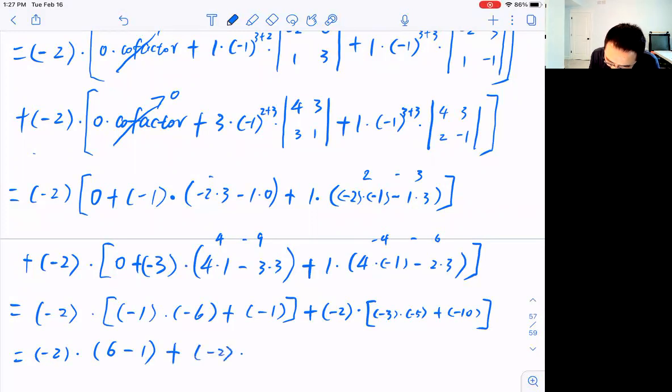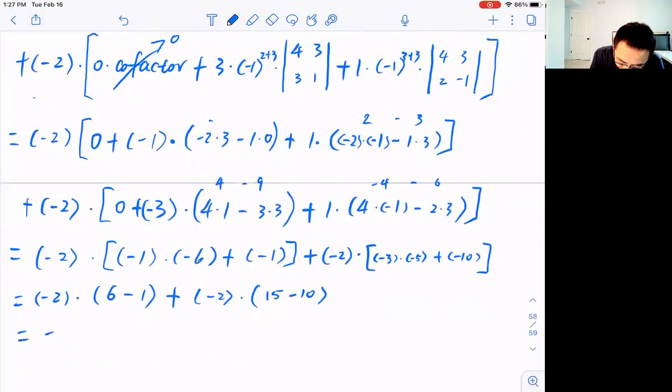Plus -2 times -3 times -5 here is +15, then minus 10. And that finally gives you -2 times 5 plus negative 2 times 5.